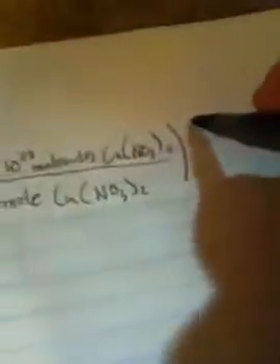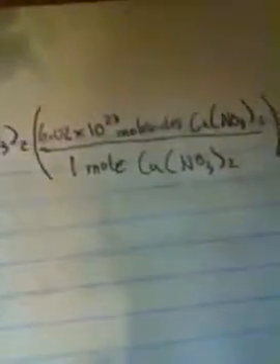Right? And now that our moles cancel out because we're trying to get to atoms, these units will cancel, and then we have molecules. So 1 molecule of Ca(NO3)2, and I don't even have the room to write it here, but we get the point.